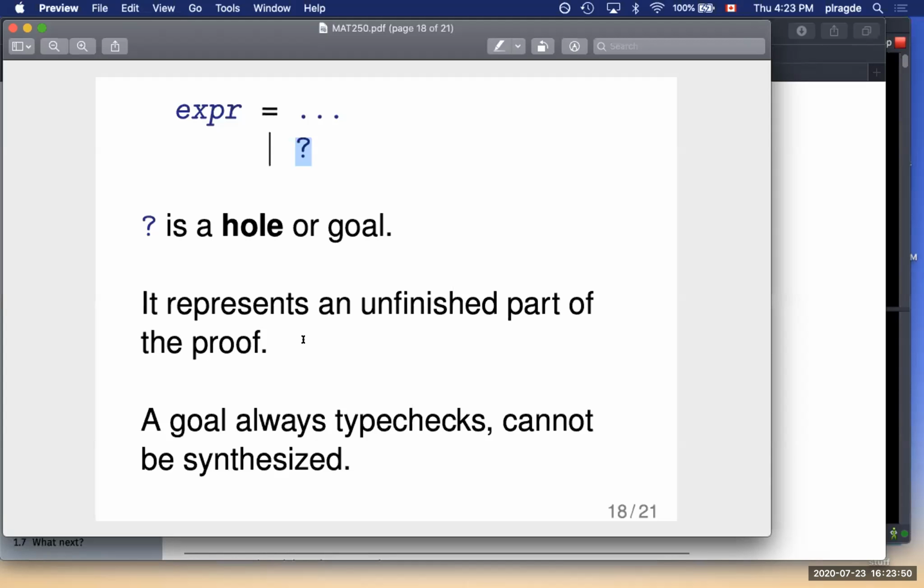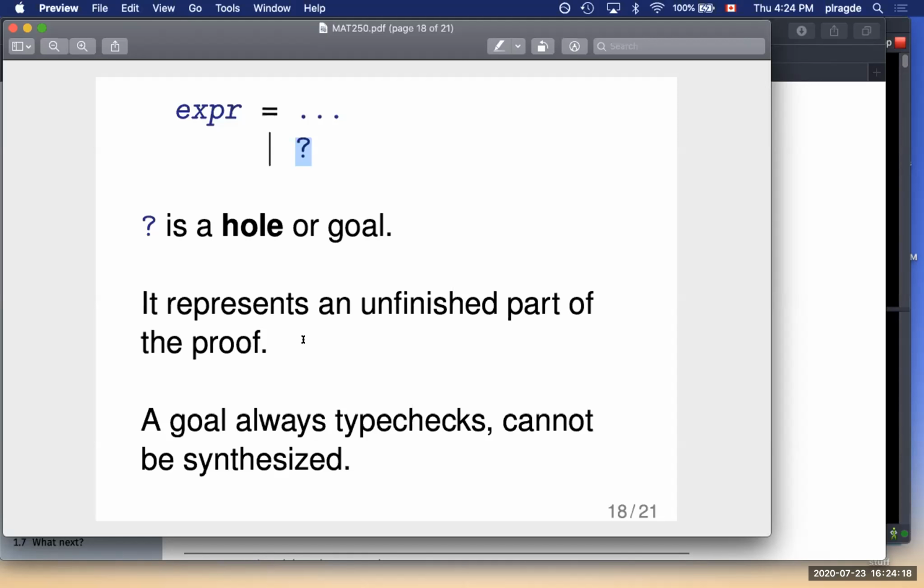I don't know, it's incomplete. You're going to have to fill it in with something which has that type, but for now, fine, buddy, it has that type. So a goal always type checks with whatever type is provided. But there's no way you can synthesize a goal because it's a question mark. We have no information about what is there. So a goal always type checks, but cannot be synthesized. So that part of it is easy.